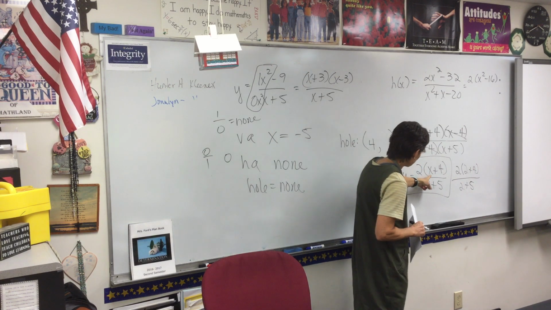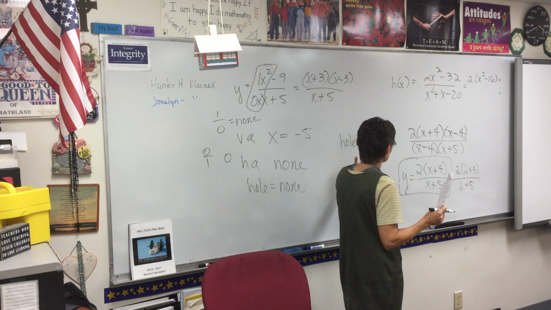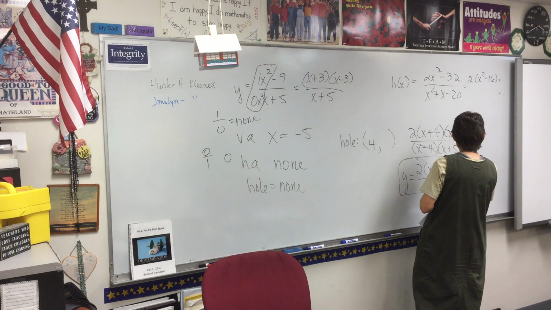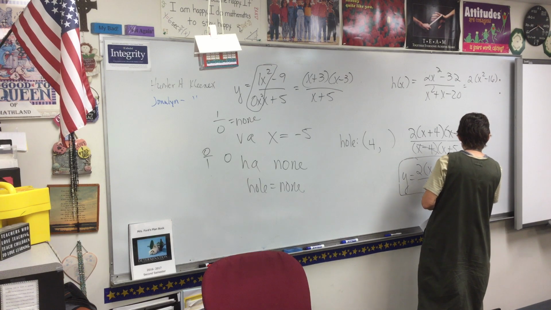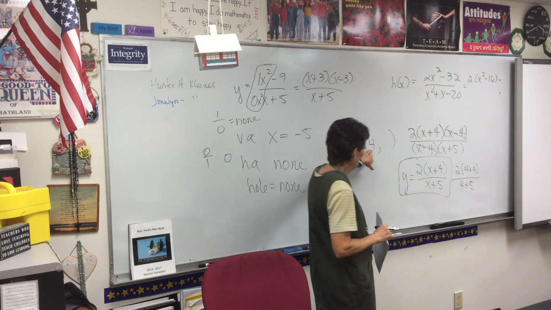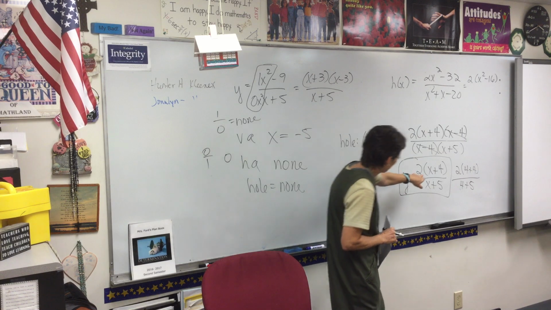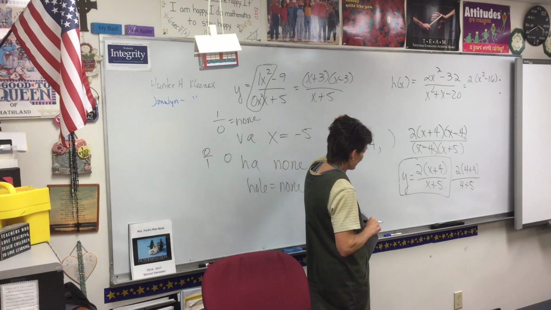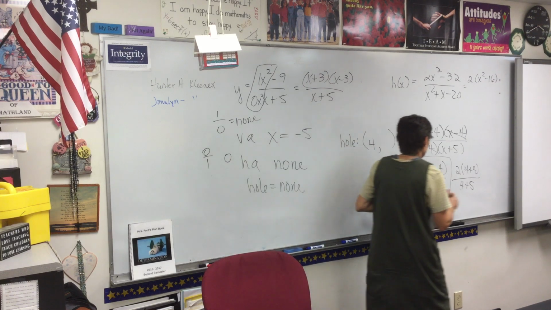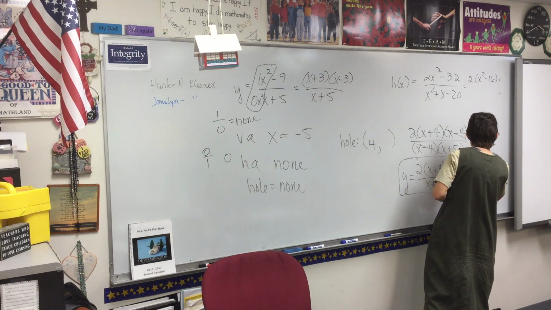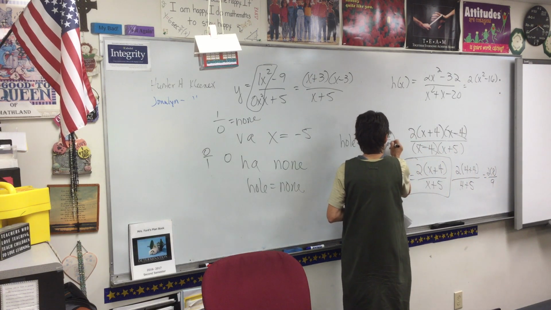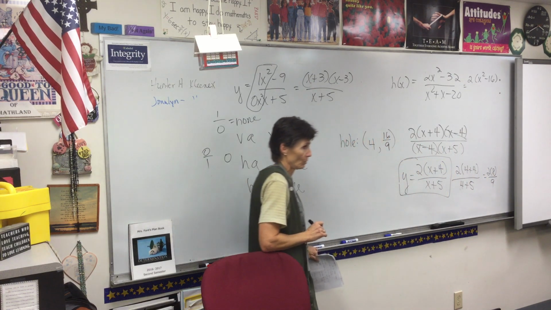So I gotta plug in 4. I put 4 in for my x's. So what do I end up with? 2 times 8 over 9. Did you get 16 over 9? Yeah. That's my y coordinate.